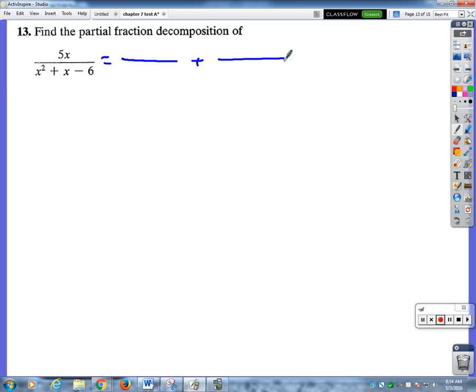So you have to do FOIL. Right. What does it factor into? Yeah, factor. What does it factor into? X plus 3 and x minus 2, because 3 times negative 2 is negative 6, and 3 plus negative 2 is 1. It's going to still work out to be the same.